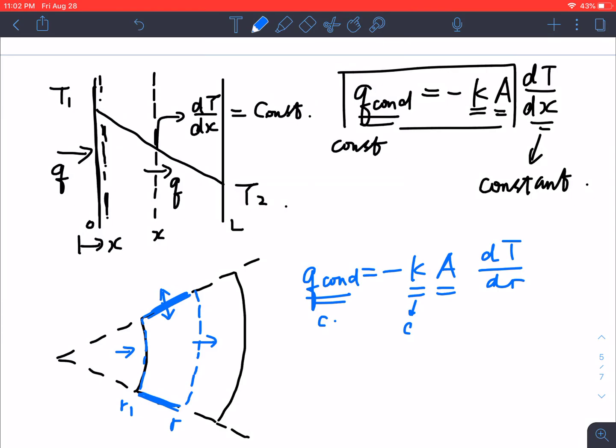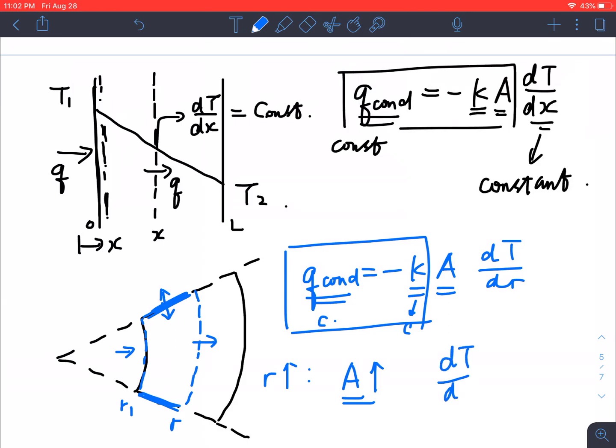So before going to the numbers, we notice this area increases with R. So when R increases, this area increases. But the other two terms are constant. Then dT/dr must decrease. Sorry, the absolute value of this thing must decrease, because here the constant can be positive or negative. The absolute value of this thing must decrease.